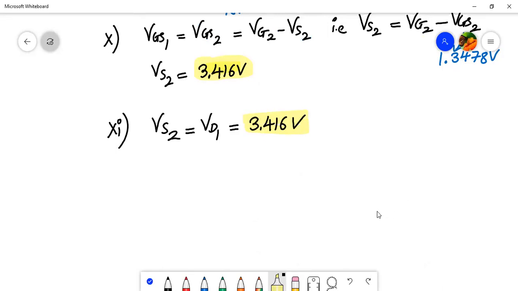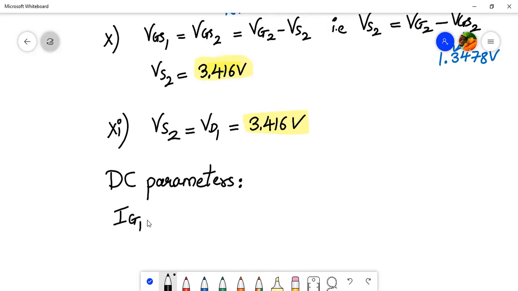So let me add a summary over here, the DC parameters. So what were the DC parameters? First of all, we have IG1, which was equal to IG2, which was approximately 0.